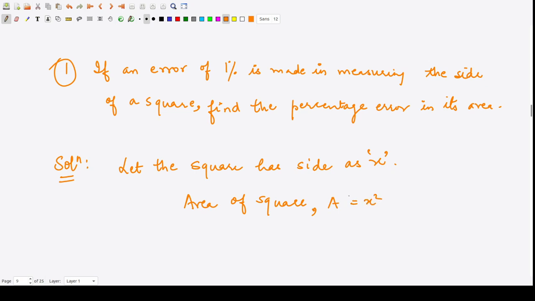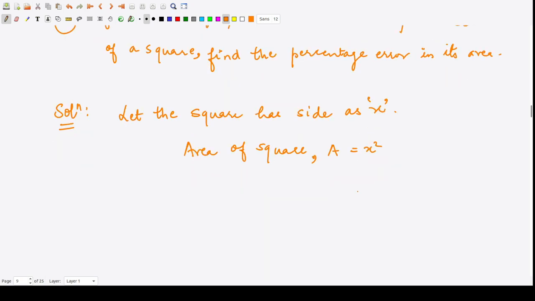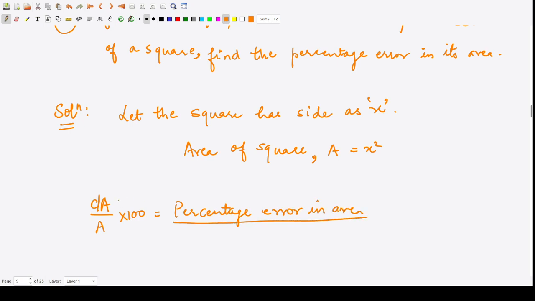Now, to calculate the percentage error, we have to calculate dA by A into 100. This is the percentage error in area. So how do we obtain this quantity?